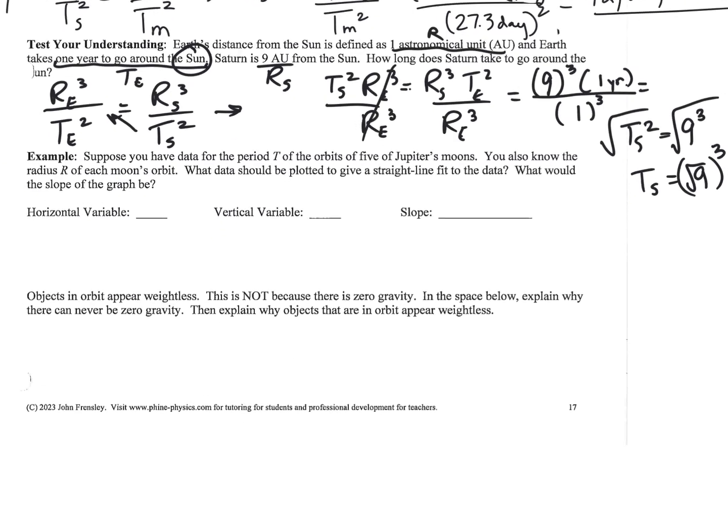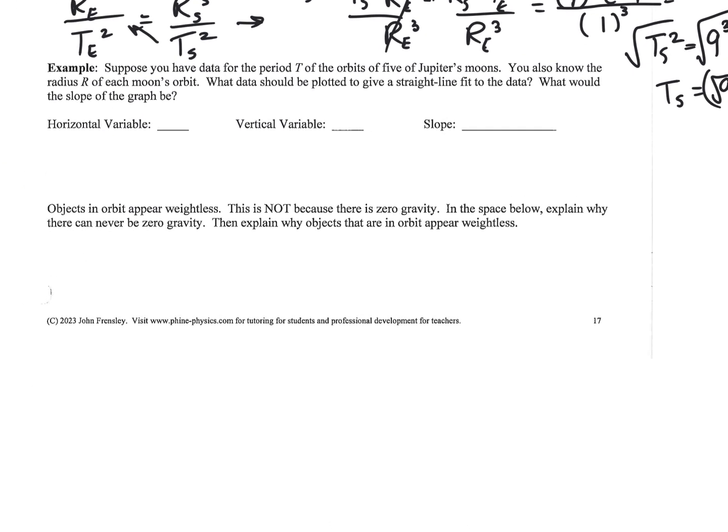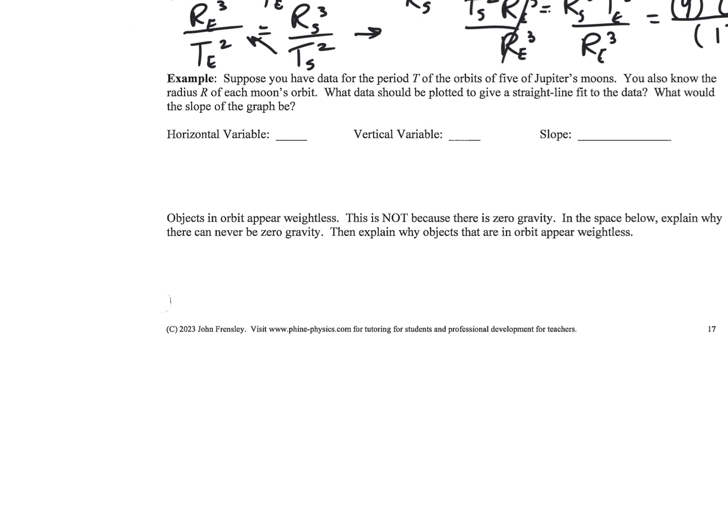Now, last one. Suppose you have data for the period of the orbits of 5 of Jupiter's moons. You also know the radius of each of the moons. What data should be plotted to give a straight line fit to the data? Well, we know the relationship is T squared to r cubed.